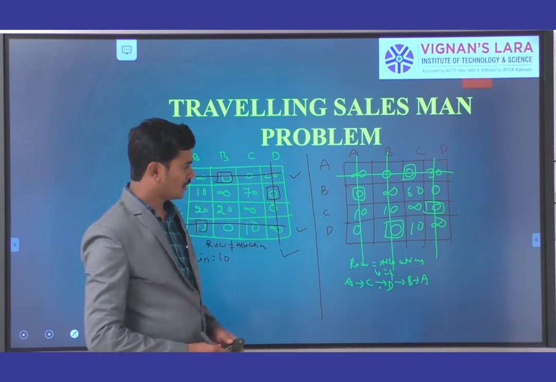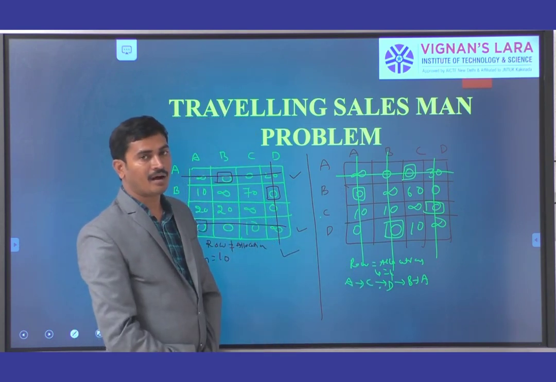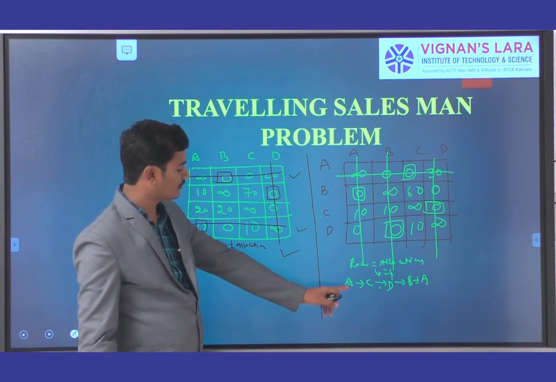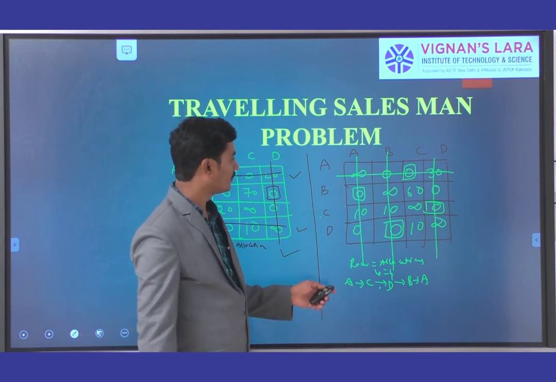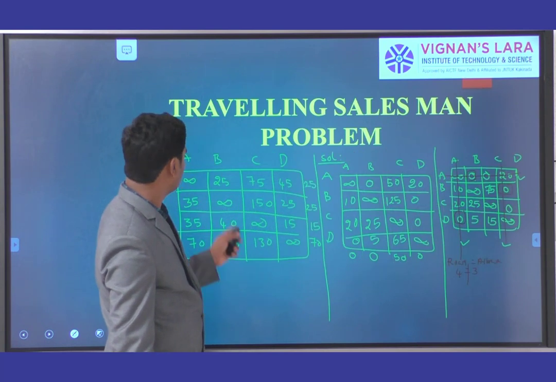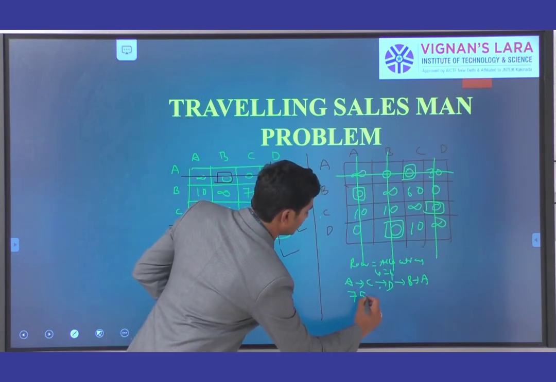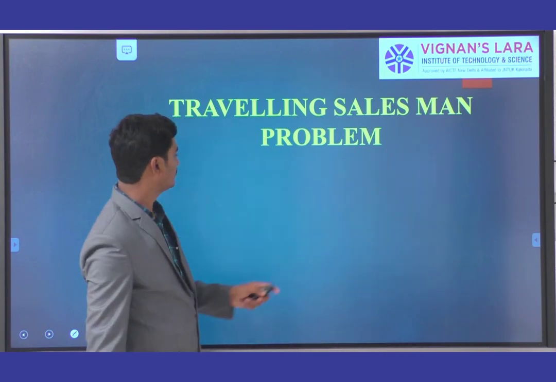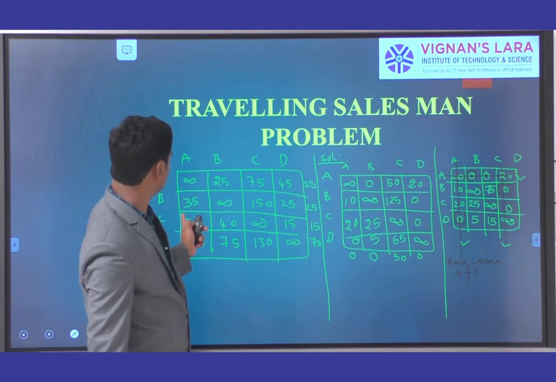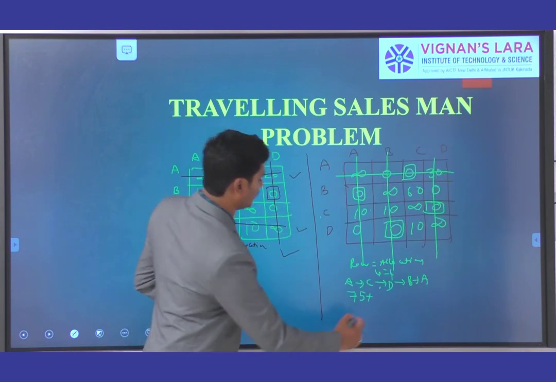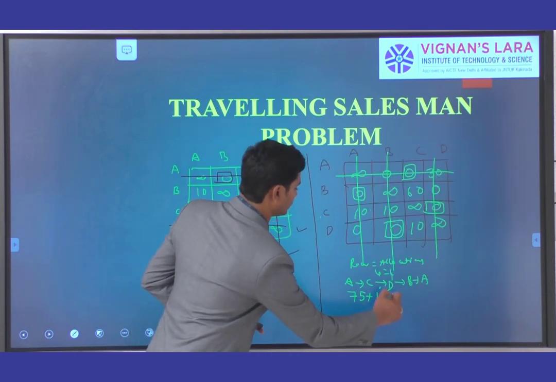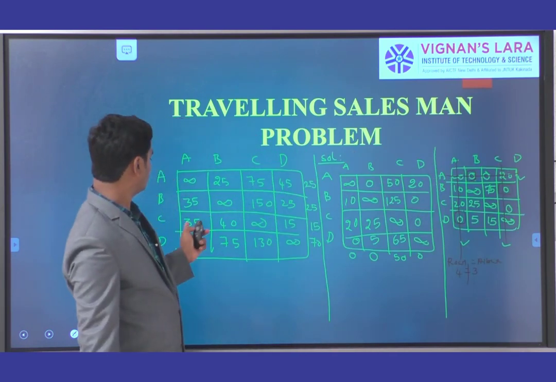Okay, now we are going to calculate the optimal solution. Here what is the optimal solution? A to C. What is the initial value? A to C is 75, plus C to D. What is the C to D value? C to D is 15, plus D to B. What is the D to B?